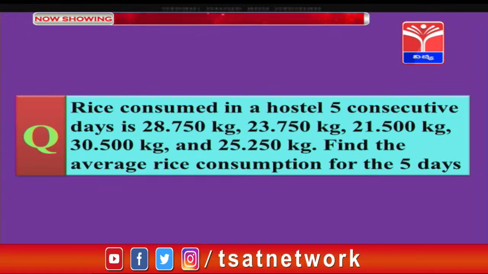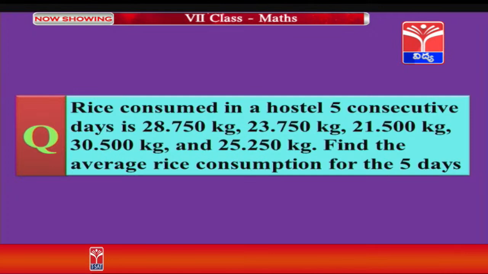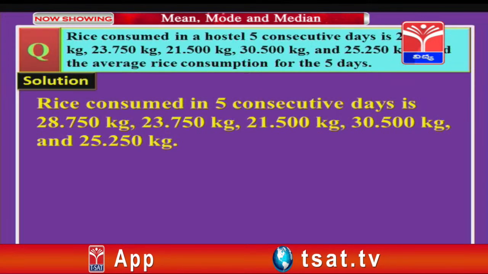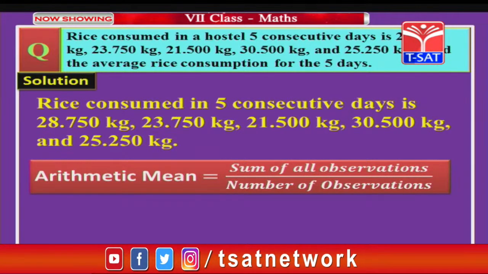Rice consumed in a hostel for 5 consecutive days is shown, and we have to find the average rice consumption for these 5 days. Let us start with the solution. So, this is given to us, that is rice consumed in 5 days, and children, the formula to find arithmetic mean is sum of all observations divided by the number of observations.